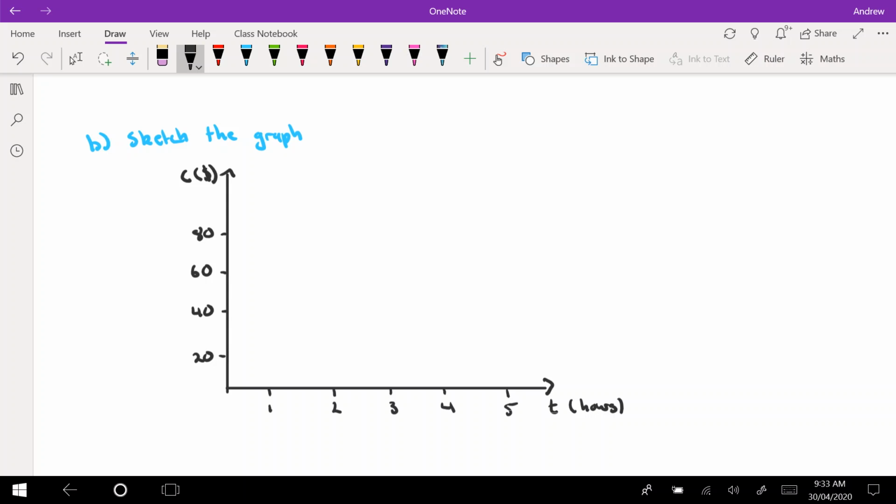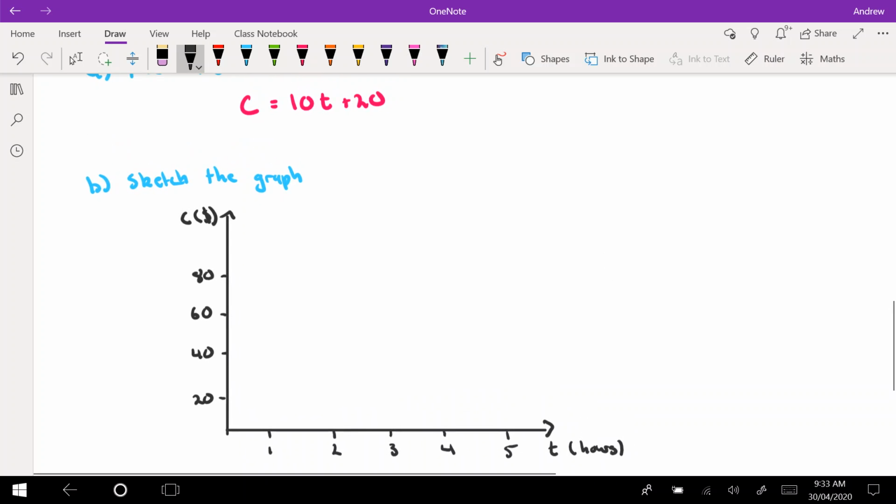So we've got the cost as my vertical axis, my hours worked as my horizontal axis. Looking at that graph, C equals 10T plus 20, where should that line be cutting my vertical axis? At 20, because 20 is the intercept. It's that number at the end.